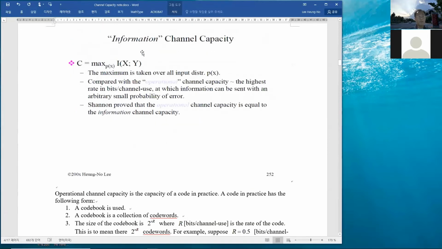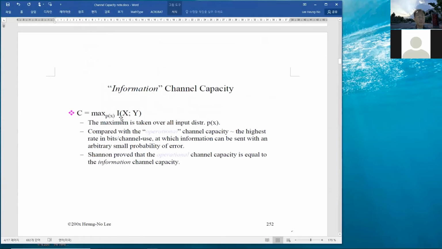And here, information channel capacity is defined. Information channel capacity is based on mutual information. The information channel capacity, C, is defined to be the maximum of mutual information, where the maximum is taken over P(X), the input symbol distribution.